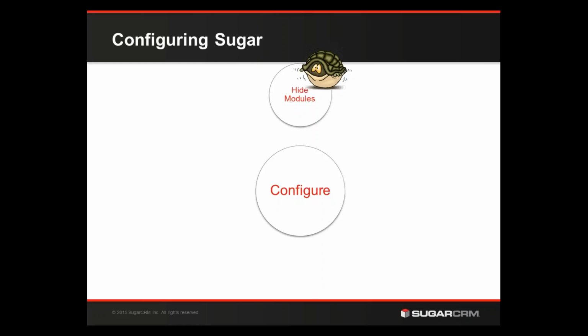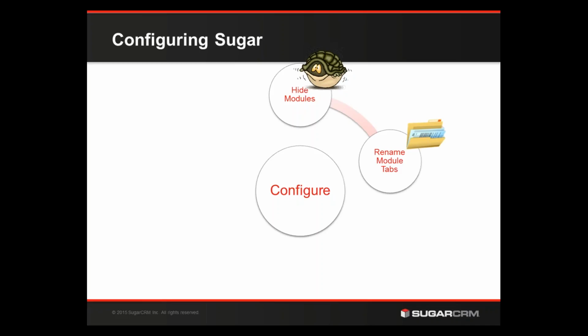You want to make it as simple as possible when you're looking at Sugar, so that users are not distracted by a bunch of other modules that have nothing to do with them. When I talk about hiding a module, I'm saying hide it for everybody, not by a role that disables a module. You're saying no one needs to see cases, so hide it. I'm going to show you how in just a minute.